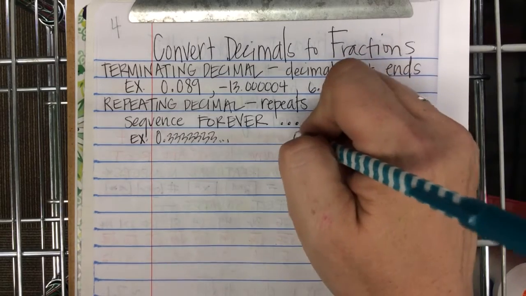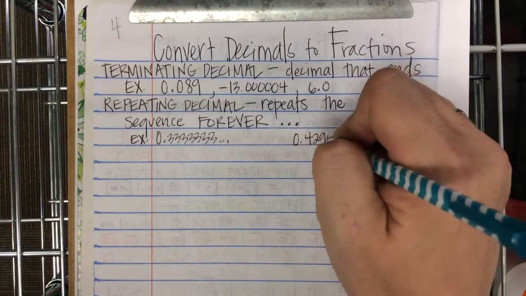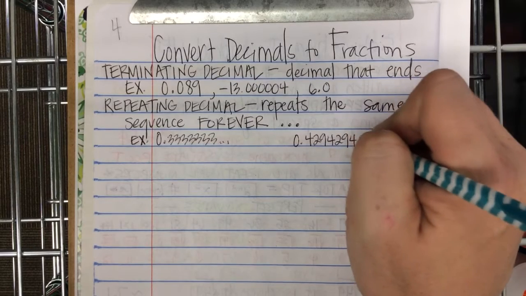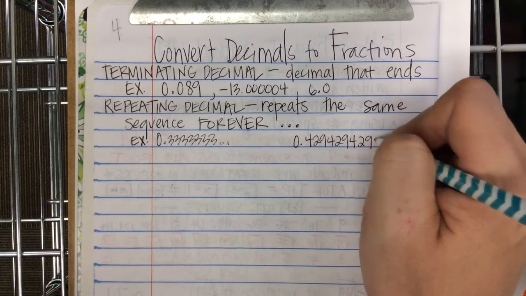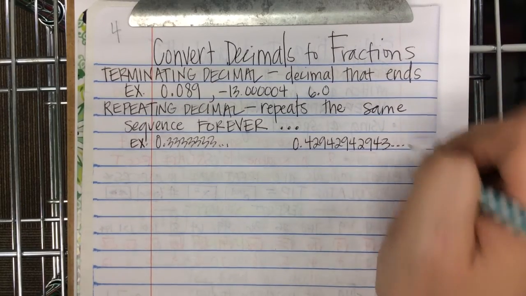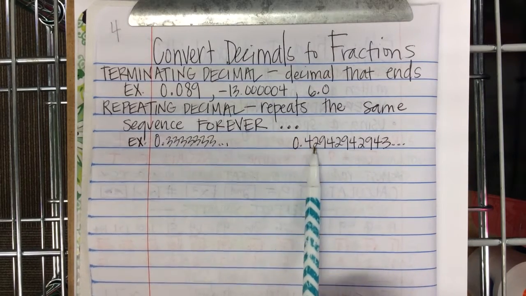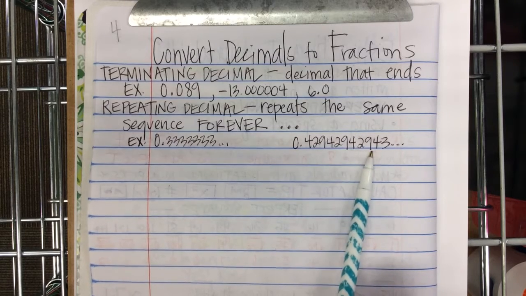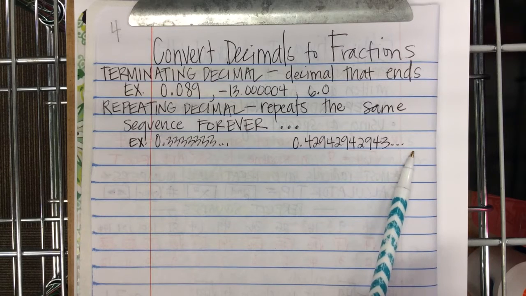What about this one? 0.42942942943 dot dot dot. Didn't I just say it repeats the same sequence? And if I look at this problem, 0.42942942943 dot dot dot.